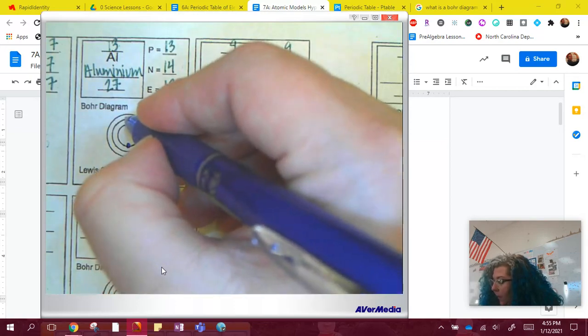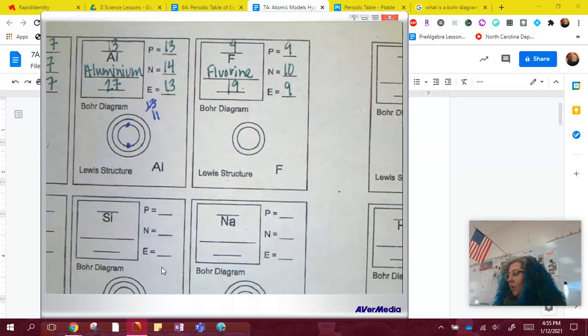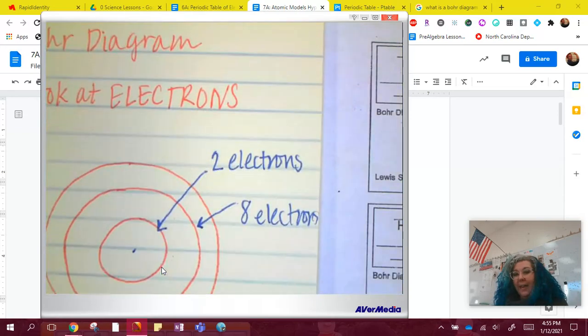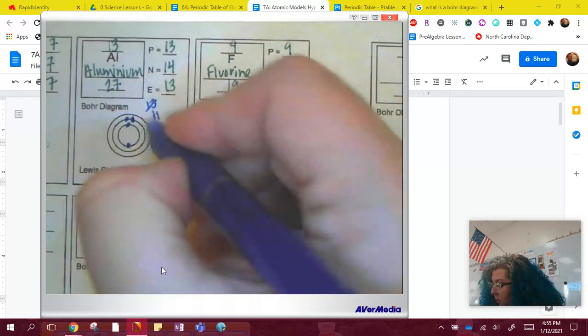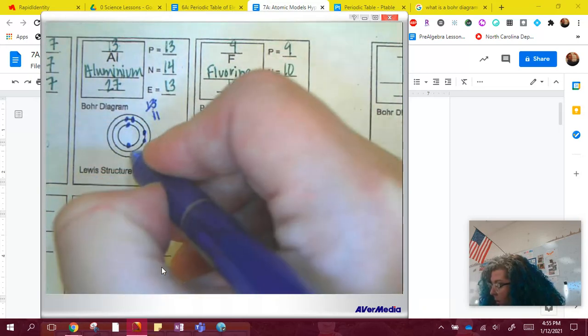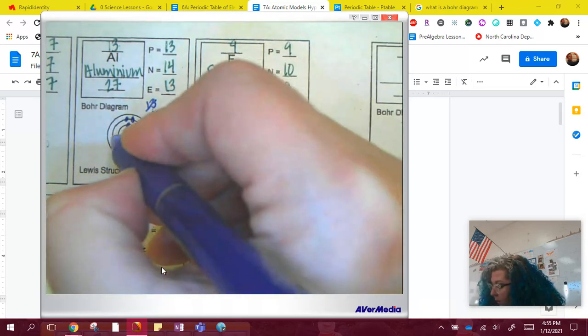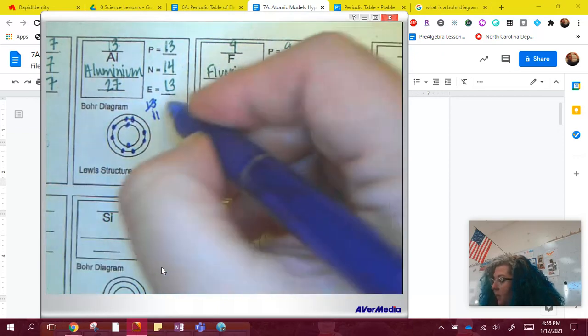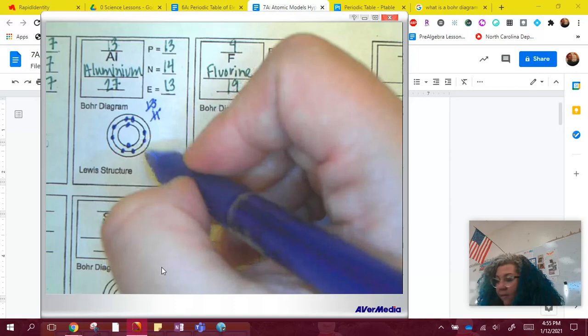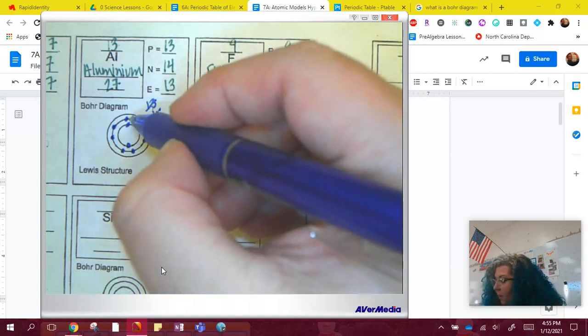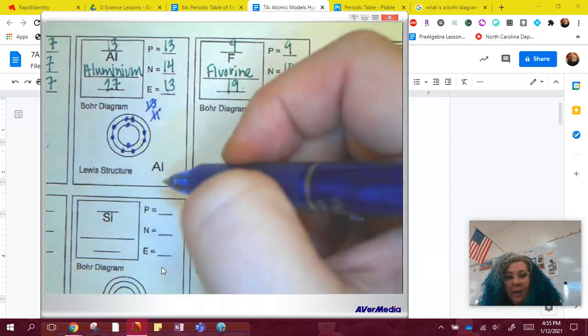Now we're going to put electrons in the second shell, but remember, this shell only holds 8. So 1, 2, 3, 4, 5, 6, 7, 8. Now that I've used 8 here, I've used a total of 10 electrons.